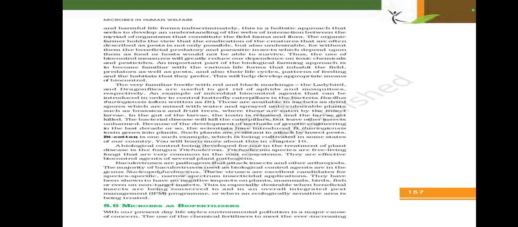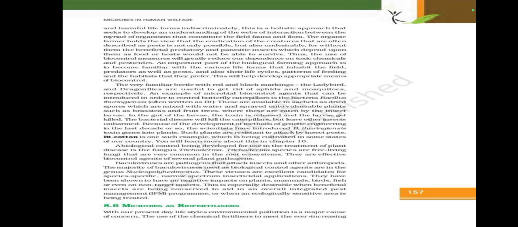These are available in sachets as dried spores, which are mixed with water and sprayed onto vulnerable plants such as brassicas and fruit trees, where these are eaten by the insect larvae. In the gut of the larvae, the toxin is released and the larvae get killed.